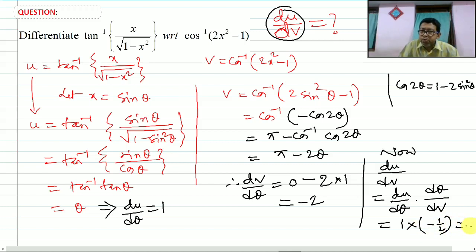So 1 into minus half is equal to minus half. This is your result. So you have found du/dv, the derivative of tan inverse x by root over of 1 minus x square with respect to cos inverse of twice x square minus 1. The derivative of this one is minus half. This is the result.